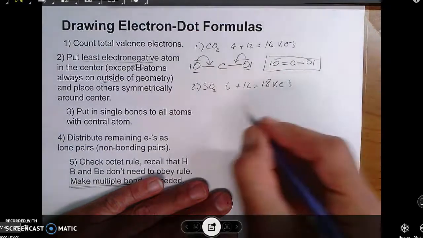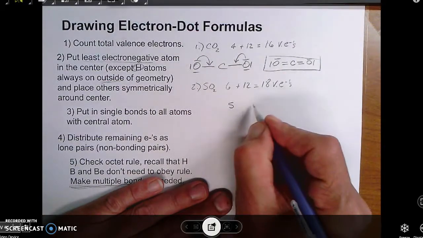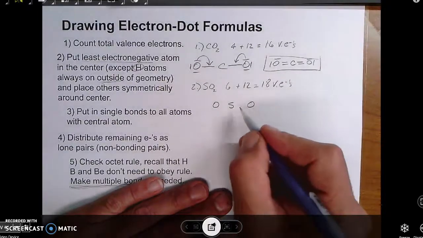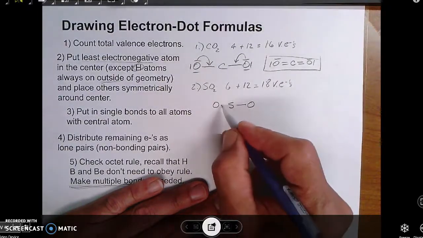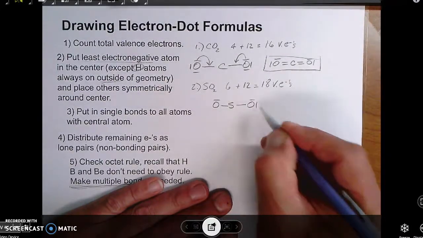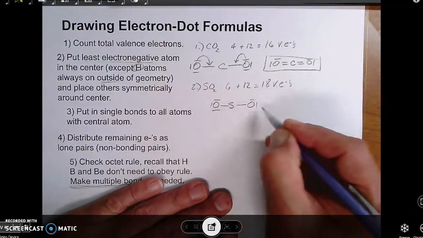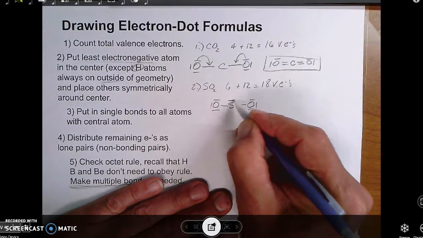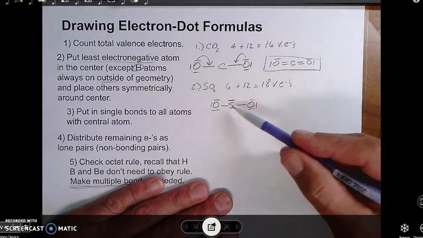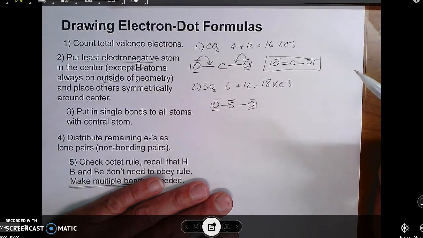Now we just need to make it symmetrical because nature loves symmetry. Do our single bonds first. 2, 4. Distribute the rest. 6, 8, 10, 12, 14, 16, and 18. So that last lone pair of electrons needs to go on the sulfur.